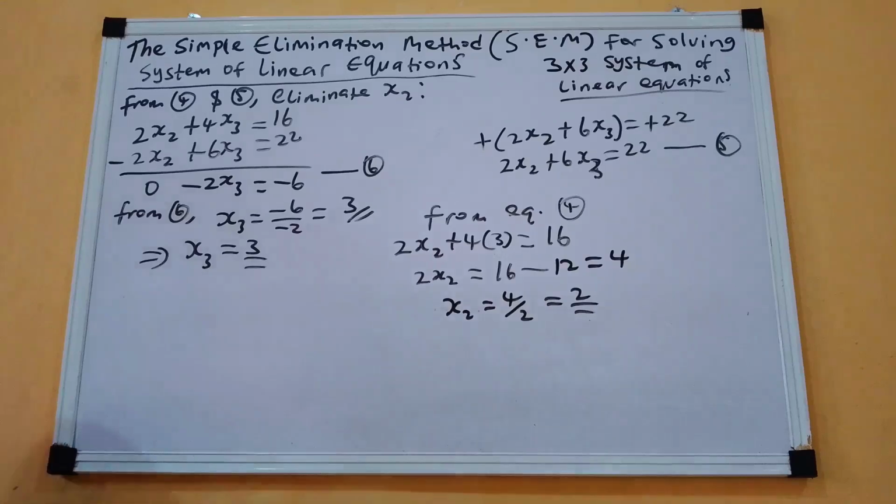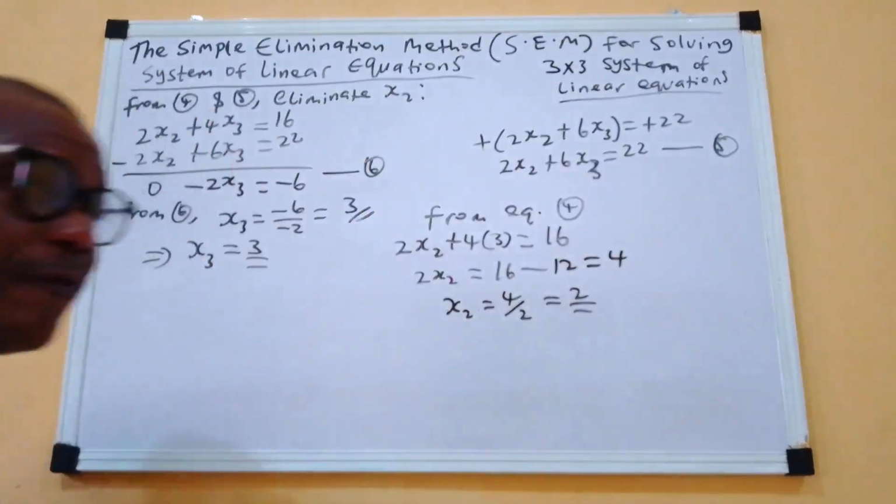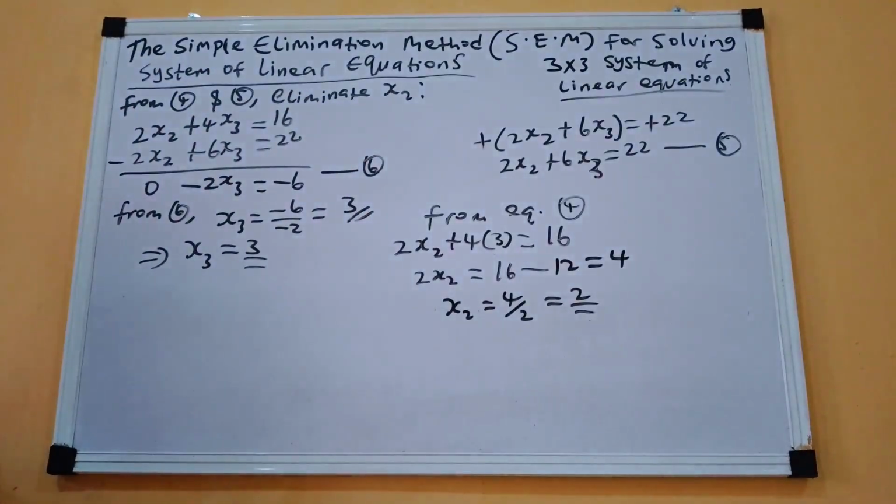Now remember, for us to get the value for x1, we have to use any of equations 1, 2, and 3. Because equation 1 has x1, x2, x3 in it. Equation 2 has x1, x2, x3 in it. Equation 3 also has x1, x2, x3 in it.